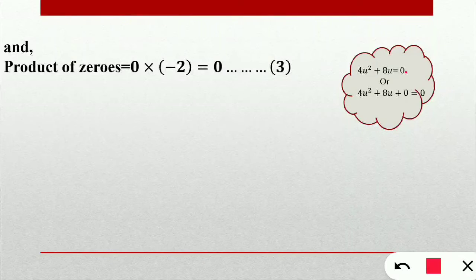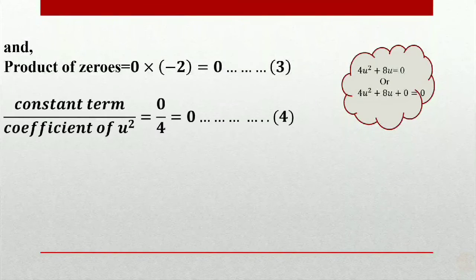By rewriting this polynomial, we get 4u square plus 8u plus 0 is equal to 0, as the constant term is missing in the original polynomial, correct? So we can rewrite it as 4u square plus 8u plus 0 is equal to 0. Both are equal polynomials. Therefore, constant term upon coefficient of u square is equal to 0 upon 4, which is equal to 0.